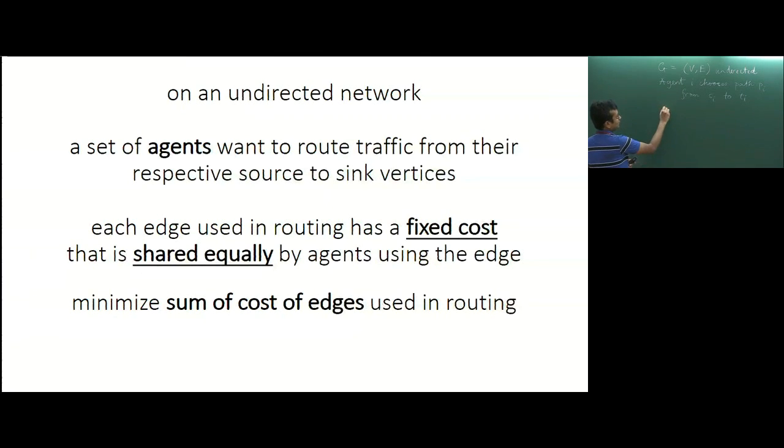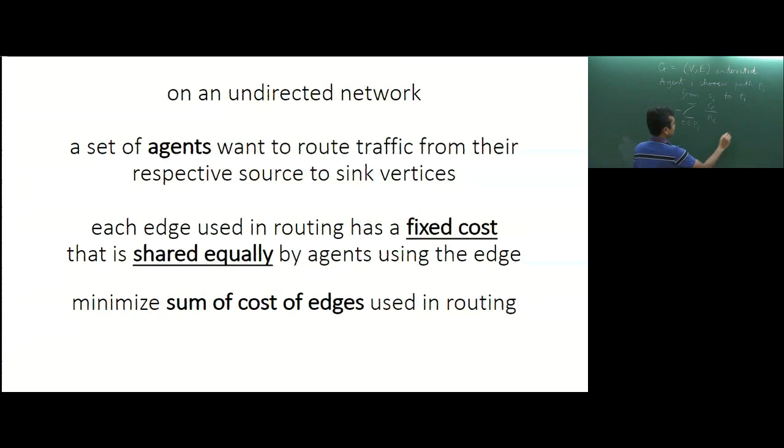Now the cost that the agent pays is the sum over all the edges in this path. I'll typically call this the shared cost of the agent. Sum of all the edges on this path of the cost of the edge divided by the number of agents using the edge.